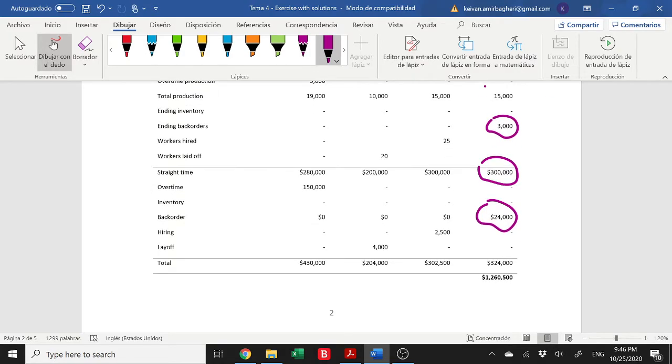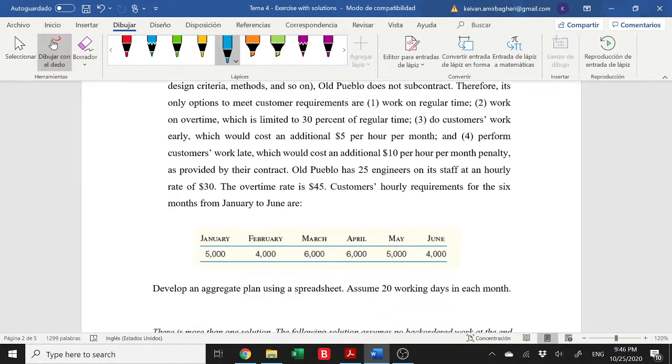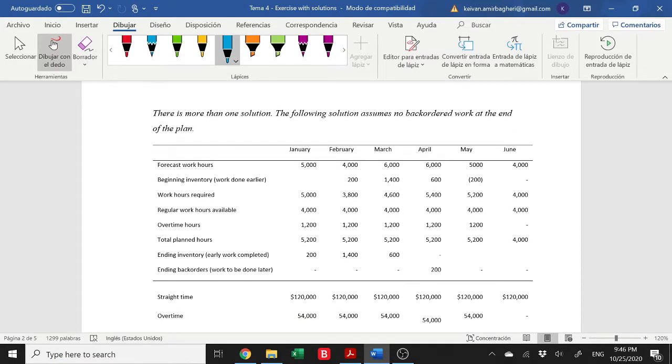So to calculate the total cost of this problem, we need to sum the total of these four seasons, which finally is $1,260,500.